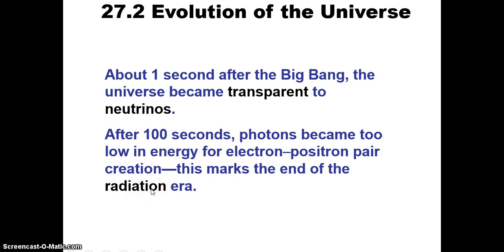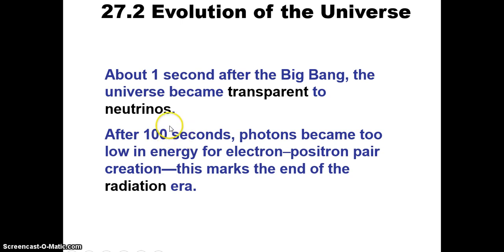That is where the radiation density was greater than the density of just normal matter, and in fact even the dark matter too. So this 100 seconds, a long time ago, I read this book. It was actually fascinating, although it probably needs to be updated, called The First 3 Minutes.